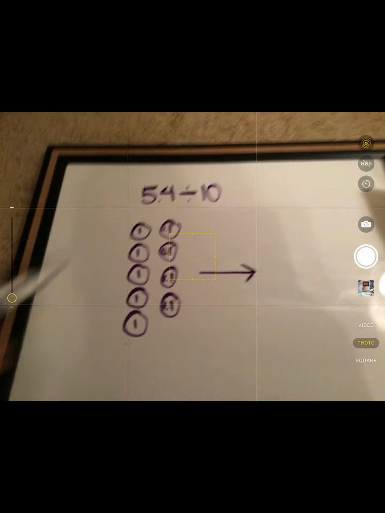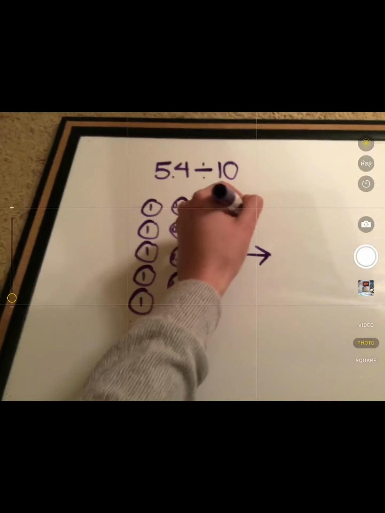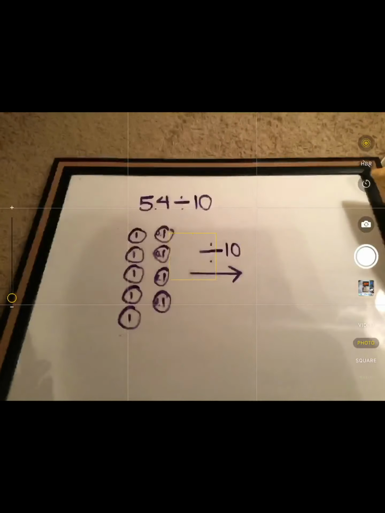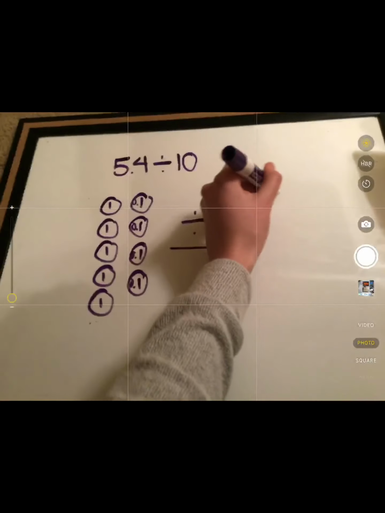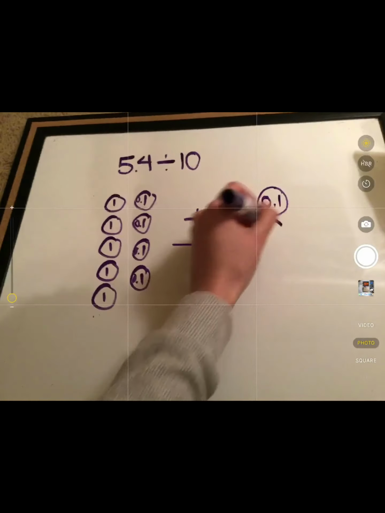Then you're going to draw your arrow, and we are dividing by 10. Like we said earlier, we're going to do 1 divided by 10 to give us 1/10. We do that 5 times.